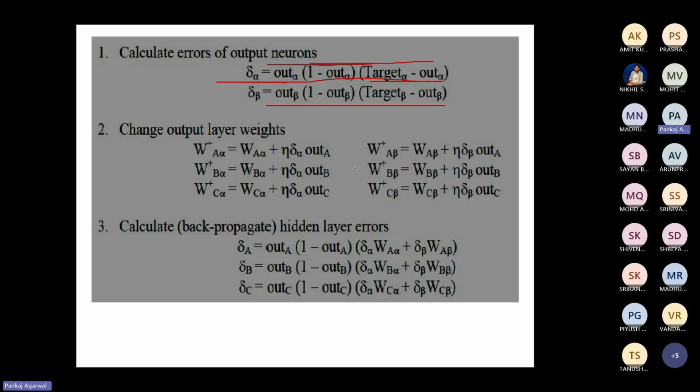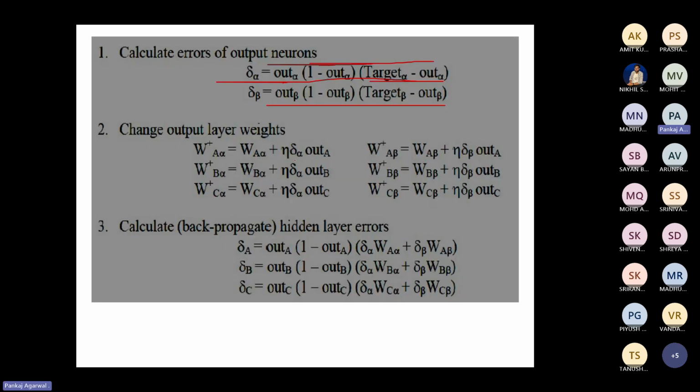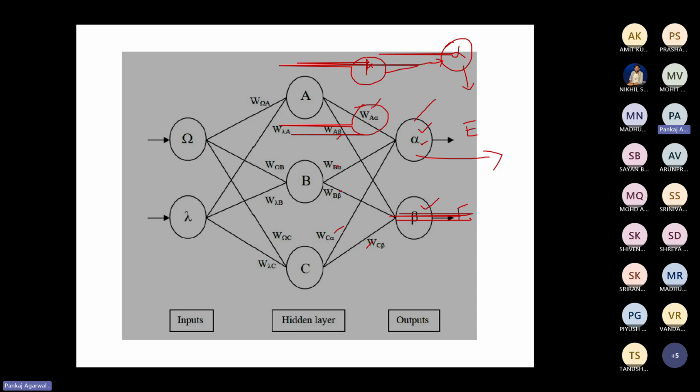To update these weights, how do I use this? If I have to update, suppose, this particular weight, what was my older weight, right? Plus the error which I got at alpha just now, and what was the output? Because this W A alpha is associated with A also, and it is associated with alpha also.